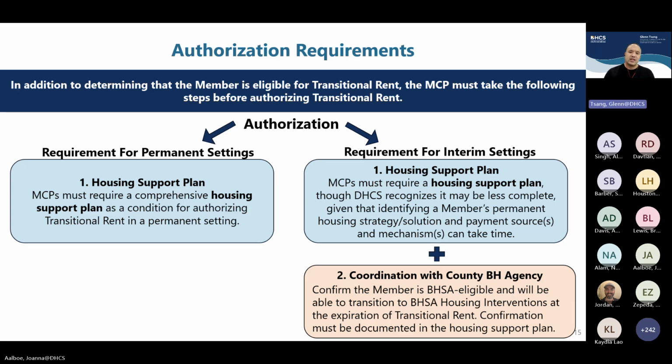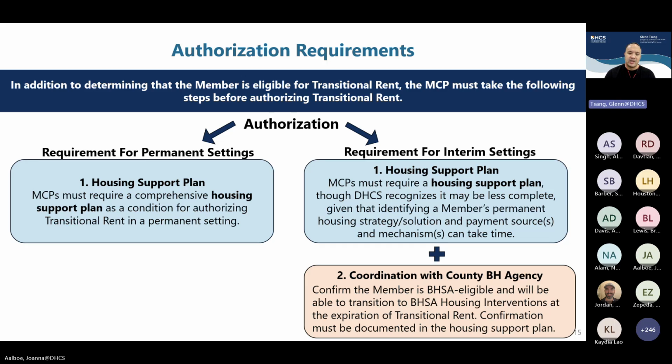Authorization requirements. In addition to meeting the eligibility requirement, a member must have a housing support plan in place in order for an MCP to authorize a member to receive transitional rent. When a member will be placed in a permanent setting through transitional rent, the member must have a comprehensive housing support plan containing all of the required elements, which I'll go over in a moment.